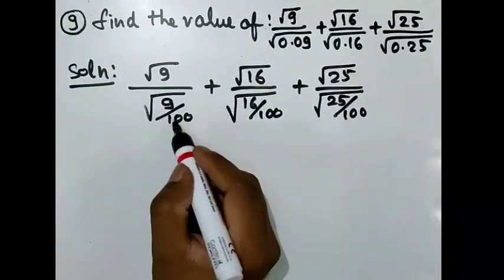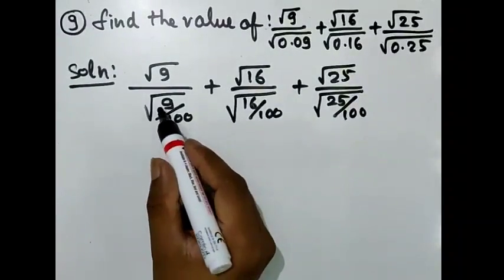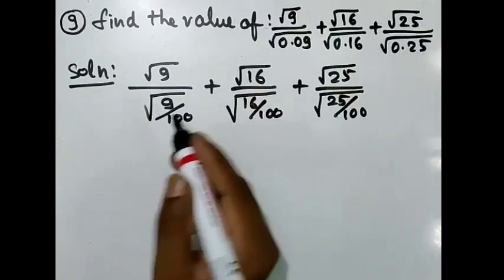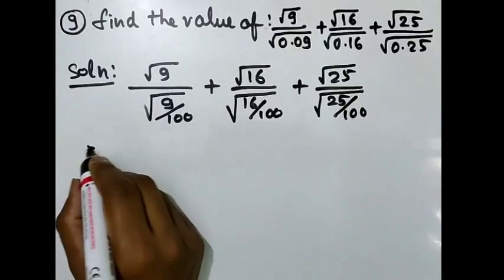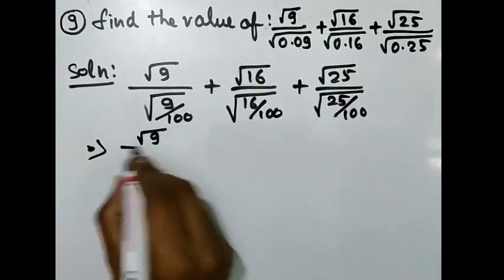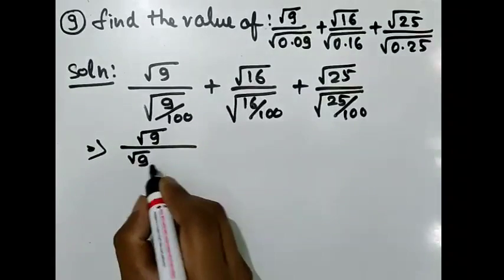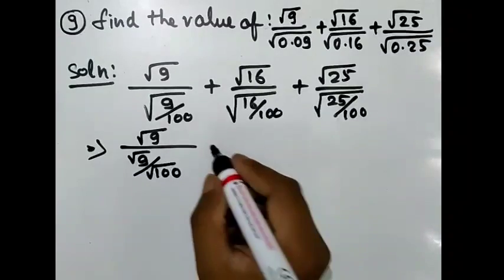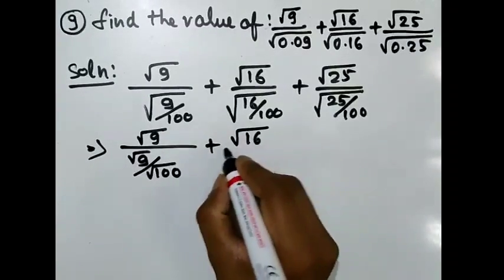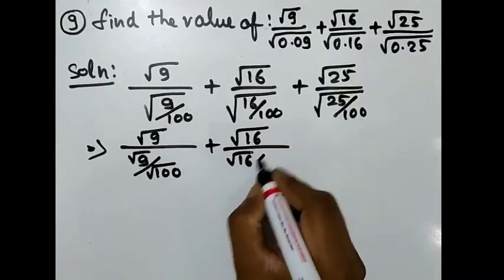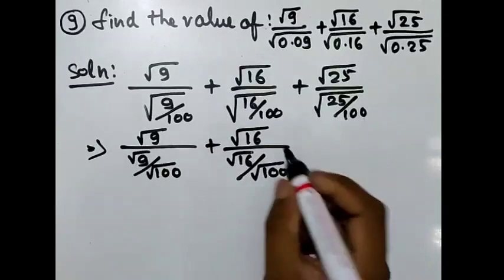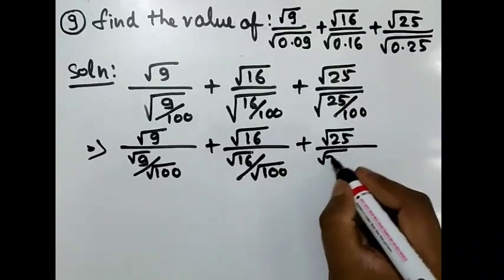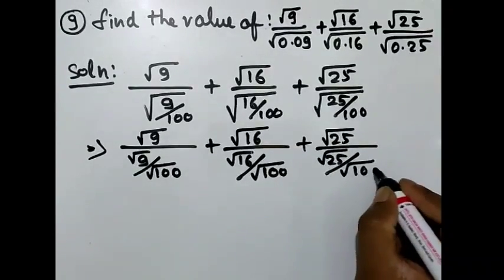Now we can find the square root of numerator and denominator separately. Now 9 by 100, so this implies square root of 9 divided by square root of 100, right? Plus square root of 16 by square root of 16 by square root of 100 plus square root of 25 by square root of 25 by square root of 100.